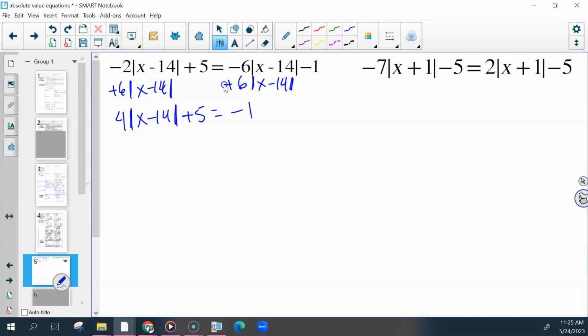Because then once you do that, one of them goes away and you have just one absolute value equation that you can solve that looks more like what we were just doing. So subtract 5 on both sides. And divide both sides by 4.